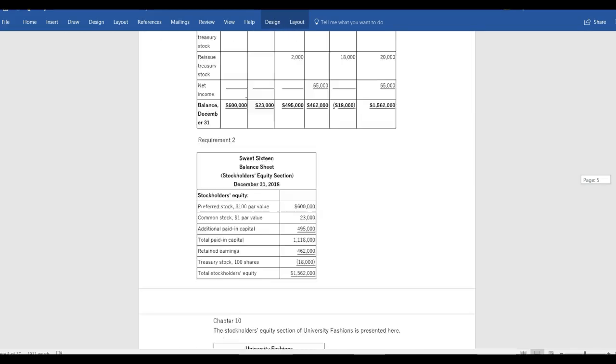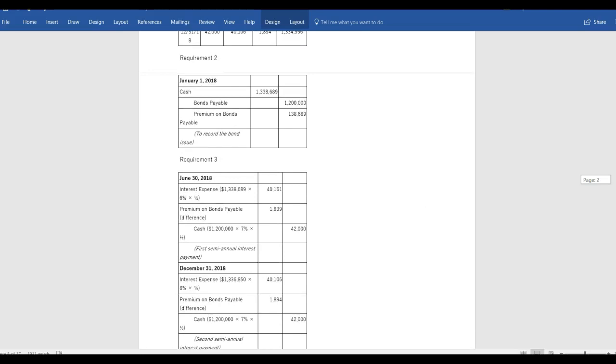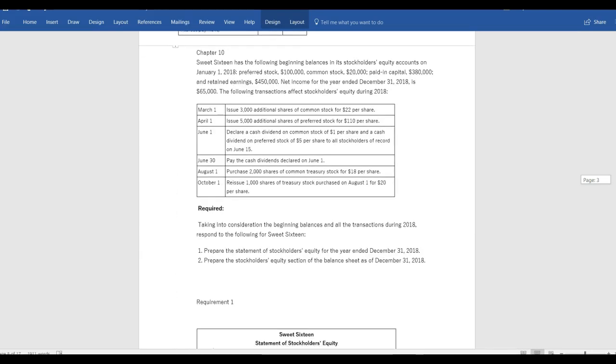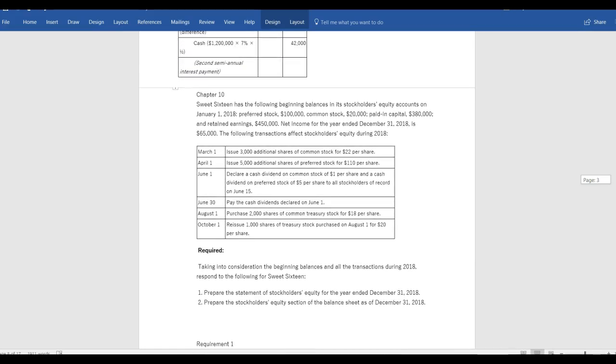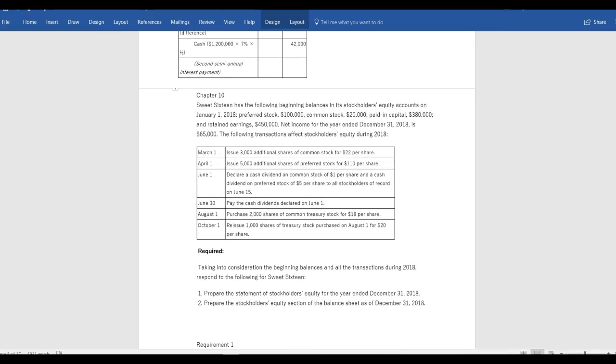Then it moves on to tell us, oh boy, the cash dividends were declared on June 1st.